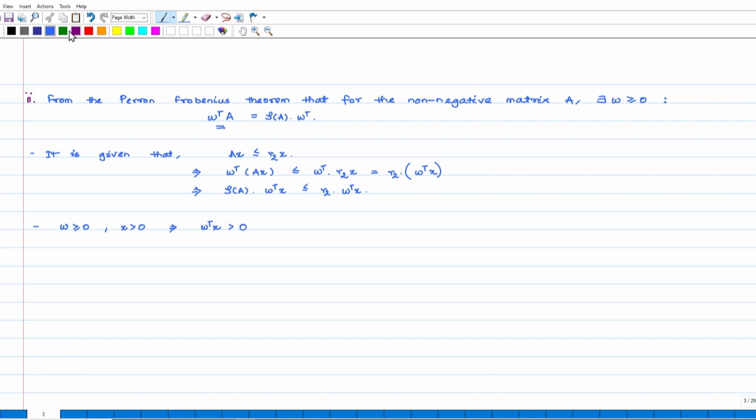Now, let us number these equations. Suppose here this is 1 and this is 2. Now, we see that both of them are strictly greater than 0. So, what does this imply?